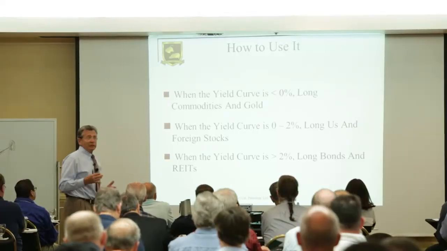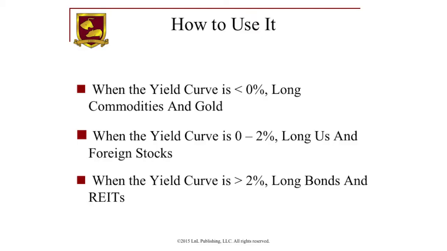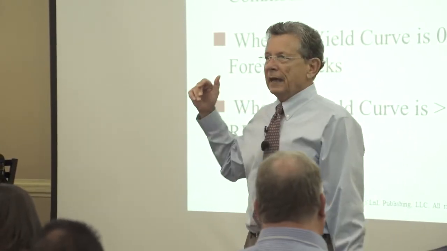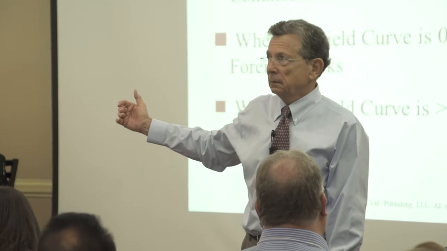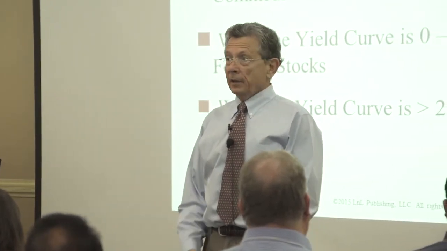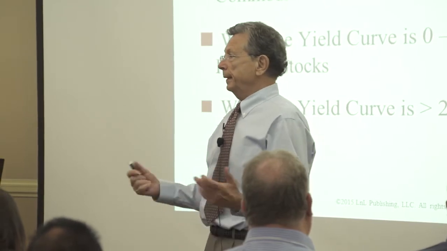Basically, you can use this yield curve in a couple of ways. When the yield curve is less than 0%, you want to be long commodities and gold. Now, right now, the yield curve is positive and has been rallying. What's happened to commodities? What's happened to gold? There you go. Now, the gold bugs are upset because they think it's being manipulated.